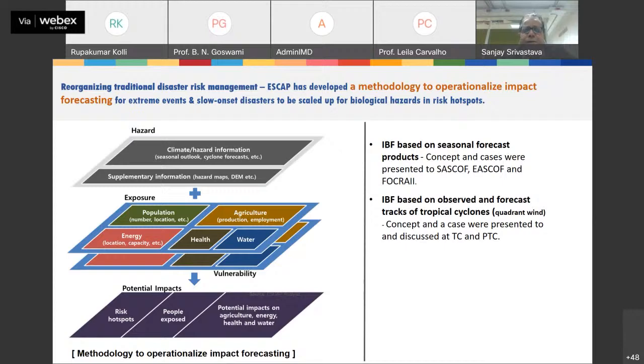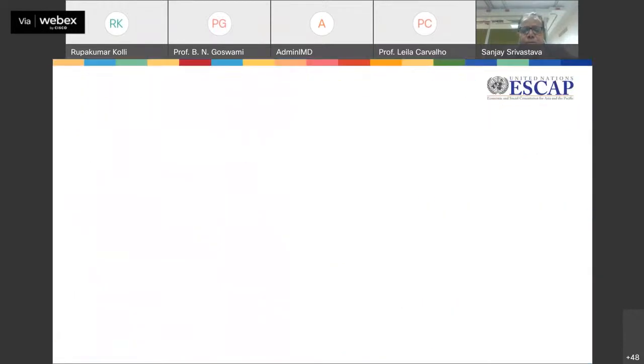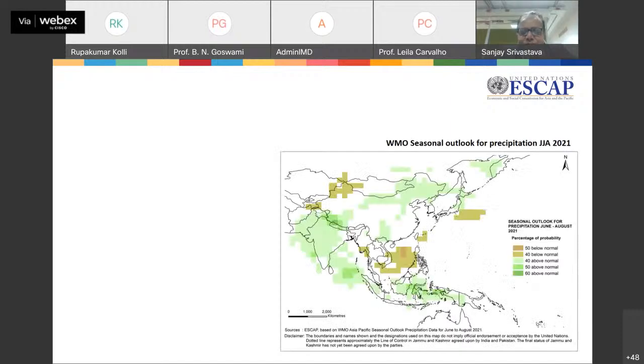So my next slide is going to tell you that if you click the bottom, this is the WMO Seasonal Outlook of 2021, June, July, August. So this seasonal outlook, how we convert in form of the impact outlook.